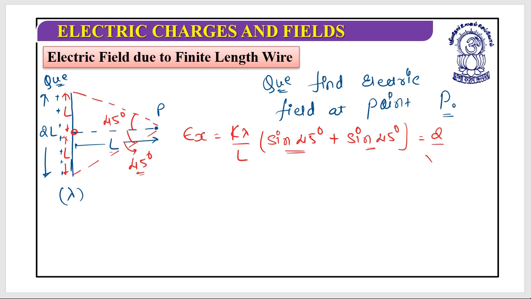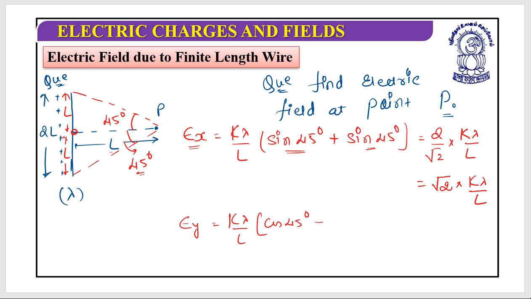So this is 2 by root 2 multiplied by k lambda by L, which comes to root 2 times k lambda by L. This is Ex. When I write Ey, it is k lambda by L into bracket cos 45 minus cos 45, and that comes to 0.